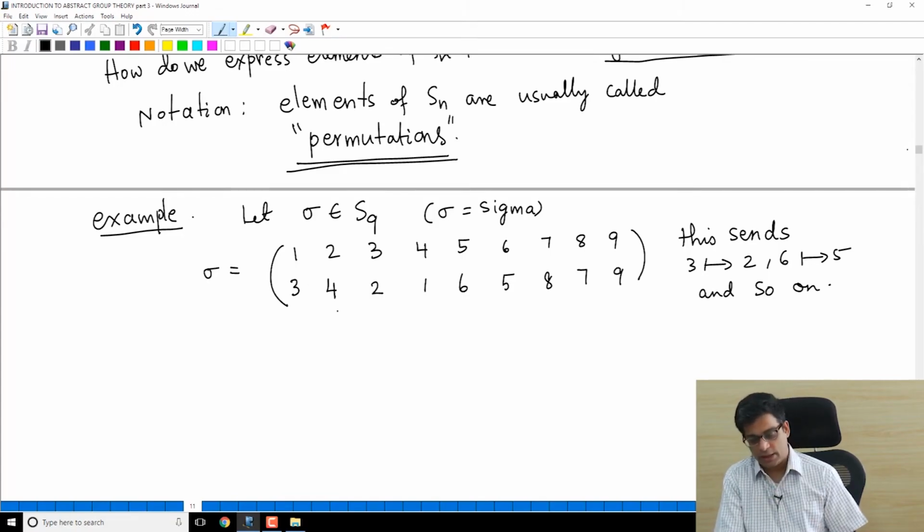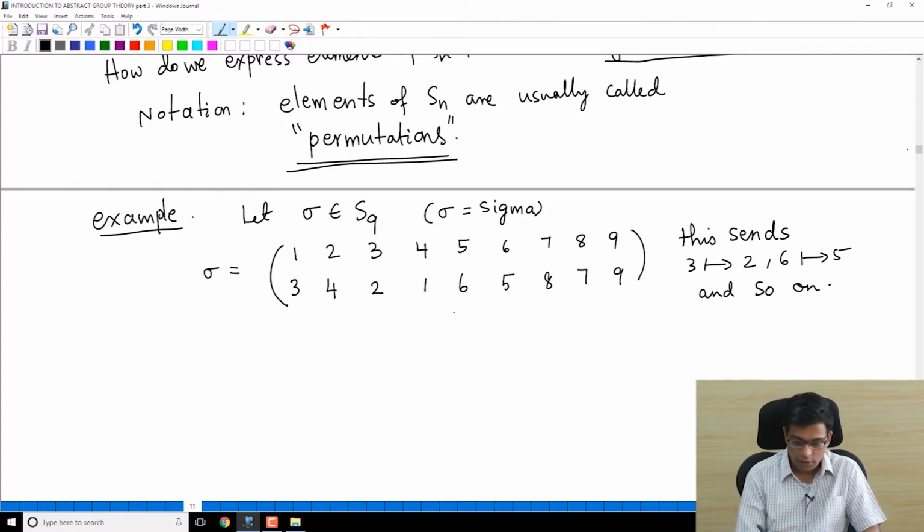But certainly you can see that there is some inefficiency in expressing sigma. For example, the top row is unnecessary, because we know that it's always 1, 2, 3 up to n. But if you remove that, it's somewhat difficult to keep track of what the function is.